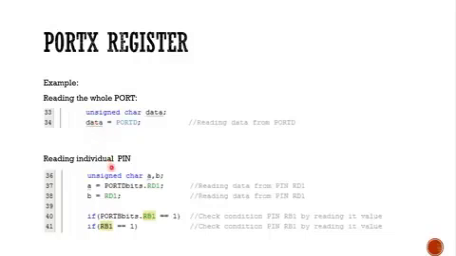So what if we want to access only certain bit, single bit from certain port? So again, declare first the type of variable that we need to use to hold the value from the port. Okay, so we will start by referring to port D bit number 1.